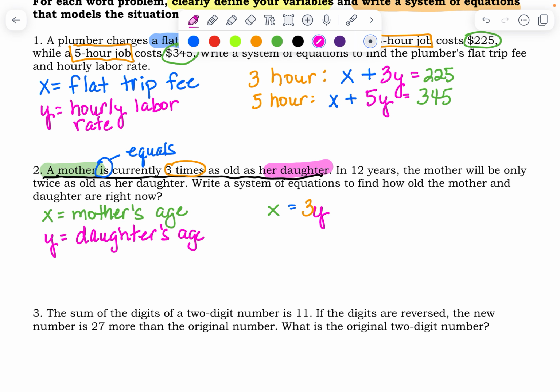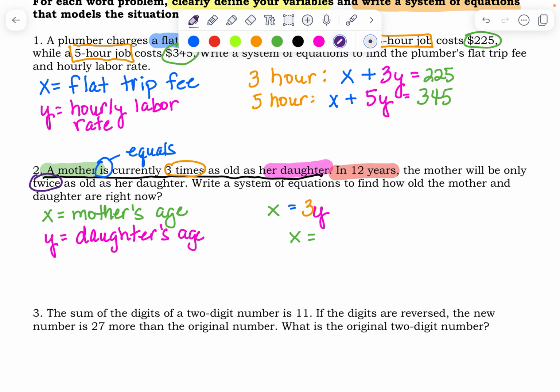Okay, next part. In 12 years, and I'm just going to ignore that for just a minute and come back to that. It says the mother, so remember I used X for mother, will only be, so that's like our equal, twice, and that is really important.